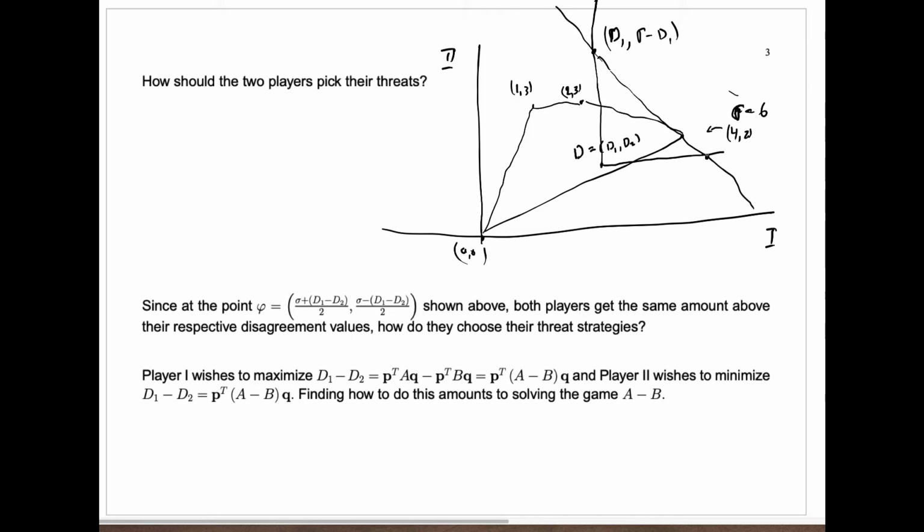This point here will have vertical component D2, and so the horizontal component will be sigma minus D2. I know that's a little bit sloppy, but let me fix it.